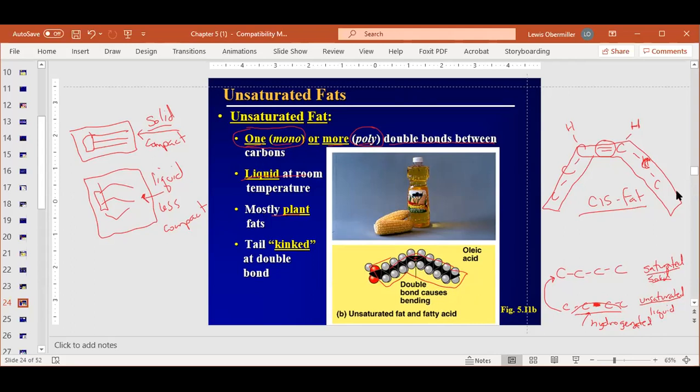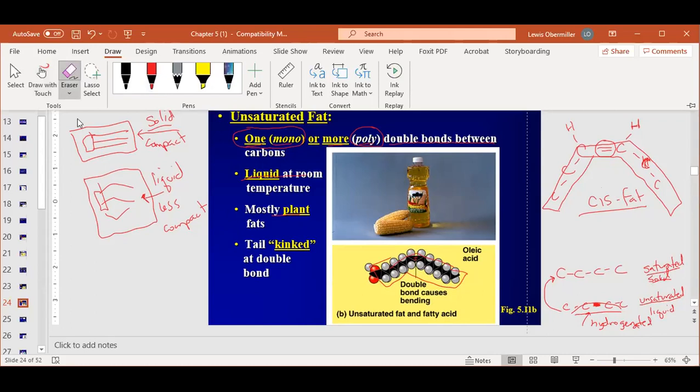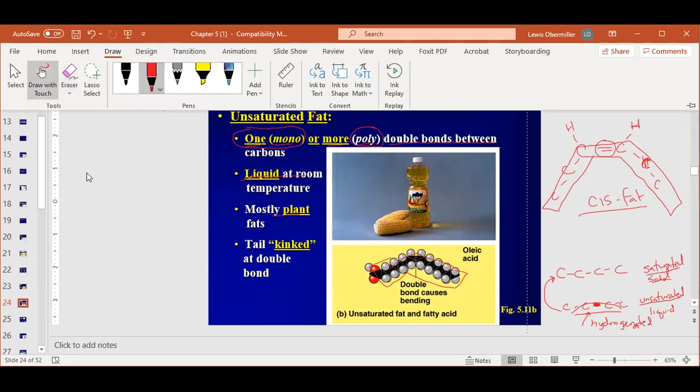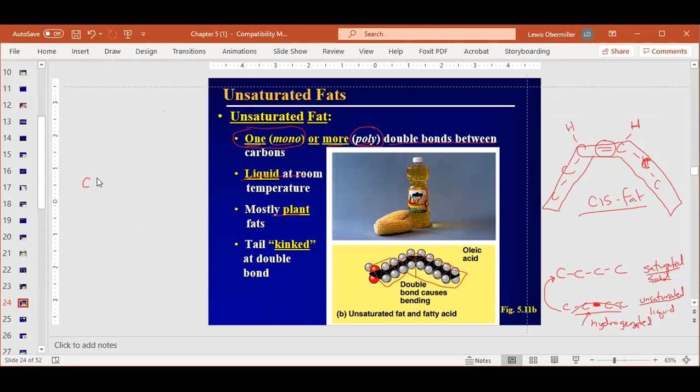So the other thing is that you might want to, let me erase this. There's another trick you could do instead of adding hydrogens to it. So remember, the goal is the shape, right? We want it to be flat so we can compact it together. So let's go back to our bent shape, which is the cis fat, right?